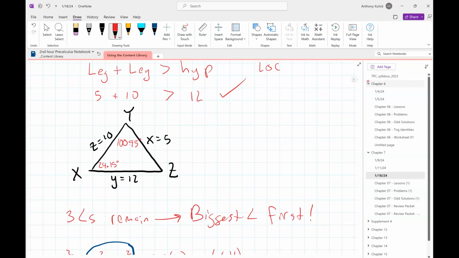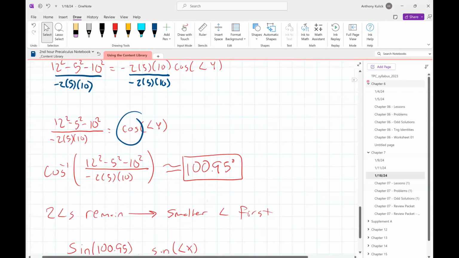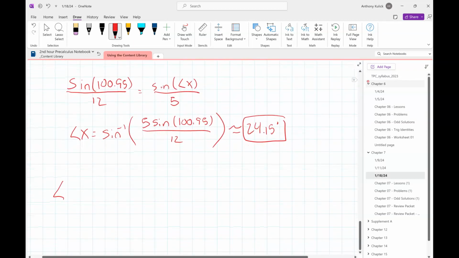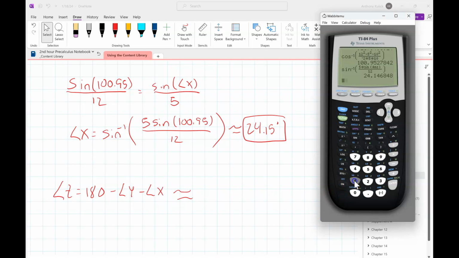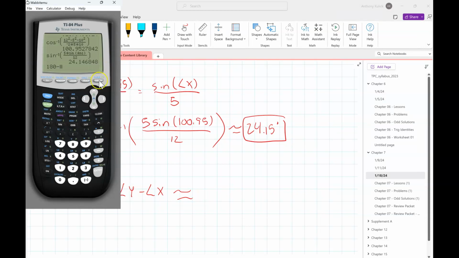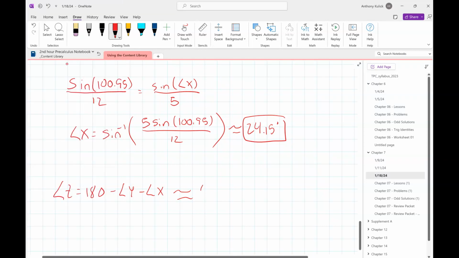And then how do I find the last one? Excellent, yes. So 54.90.